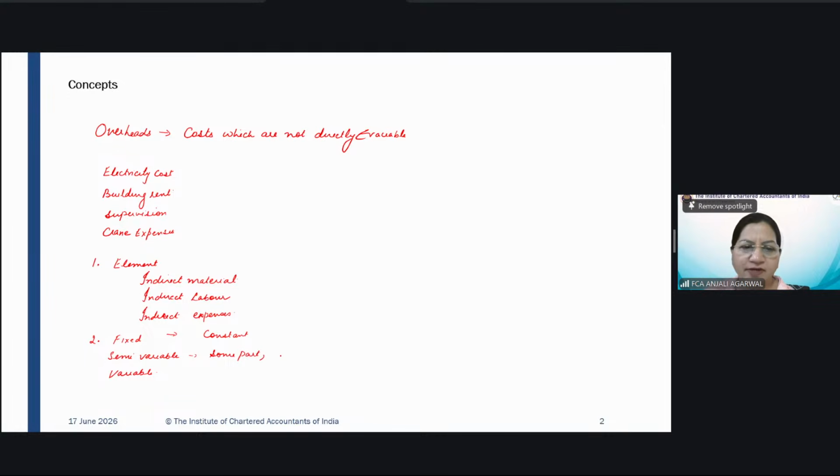So if a semi-variable expense is given, you must be able to bifurcate it into the variable part and the fixed part. And a variable expense will depend upon per unit. It will vary as per the production.